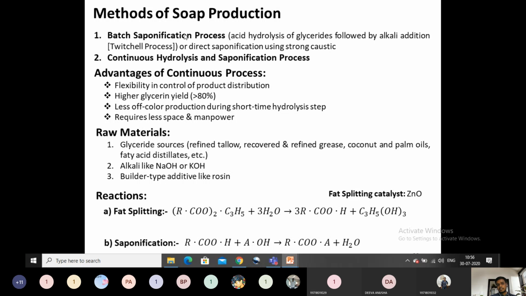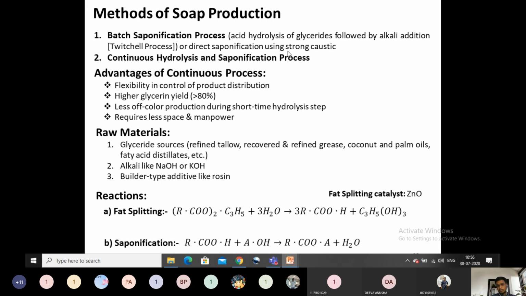Then in the batch process itself, there is another process known as direct saponification using strong caustic like NaOH or KOH, without any separation of the glycerin, so that it will be saponified and the final soap can be obtained without any separation of glycerin.